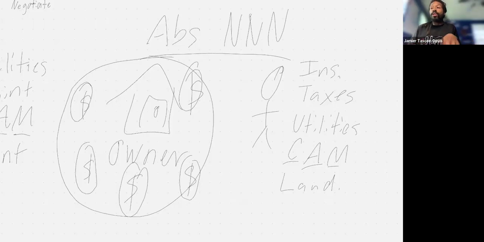But when we're specifically talking about property insurance, the tenant must cover that. Since the insurance is for the building and you own the building, you do have to get the insurance, but the tenant pays the insurance. If you get what I'm saying.